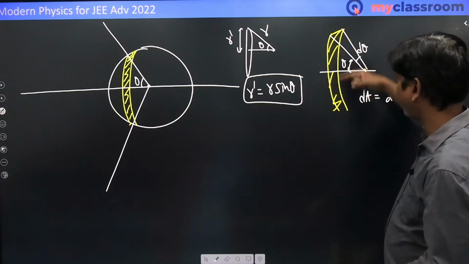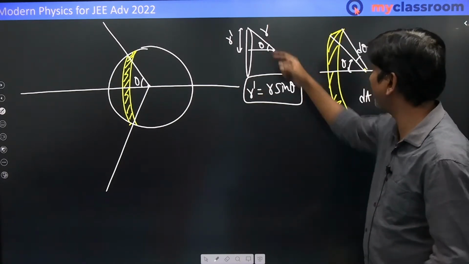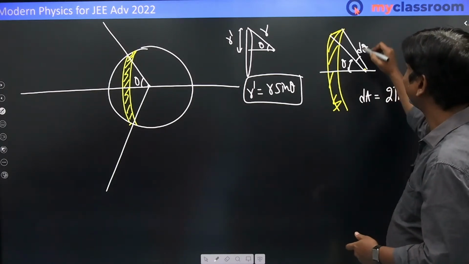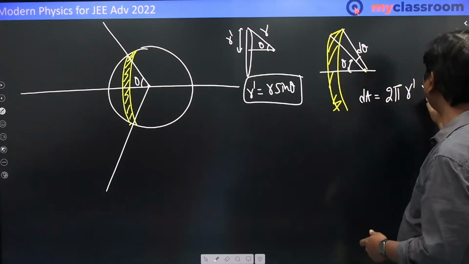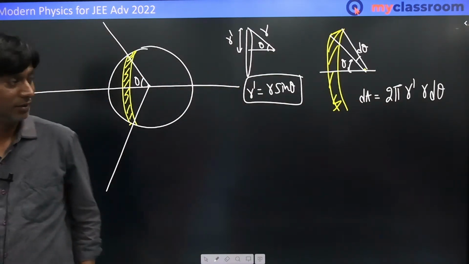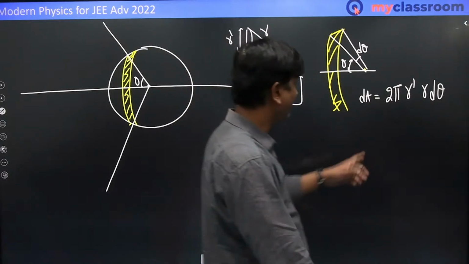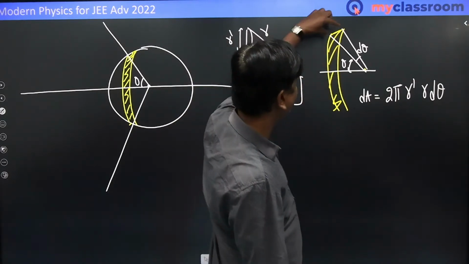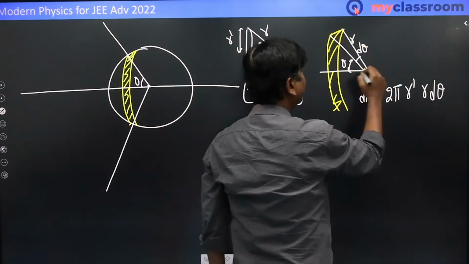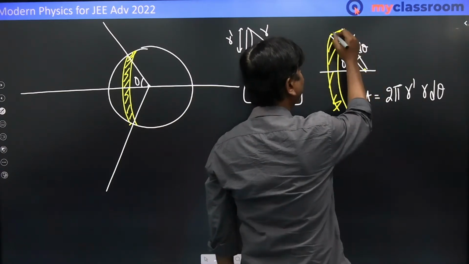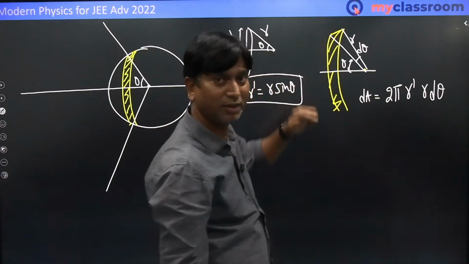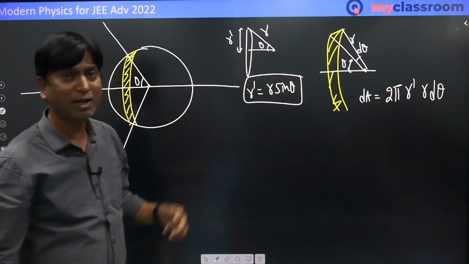So total circumference, that is 2 pi r dash into thickness. Thickness, how much you can get? Is it not this thickness? Can I write it as small r into d theta? Okay, take it. So once again, this thickness you are talking about, this radius is small r, into d theta will become the thickness into total circumference, which is 2 pi r prime.